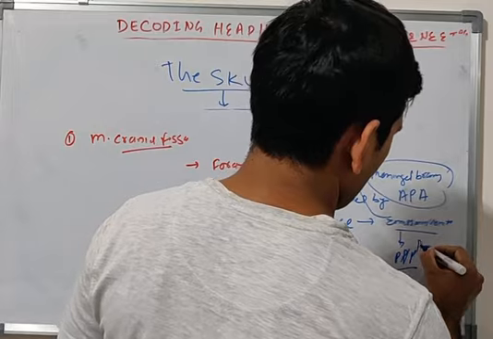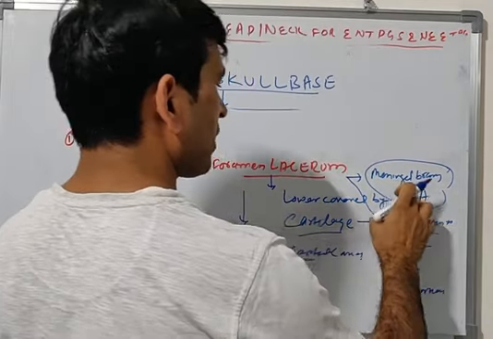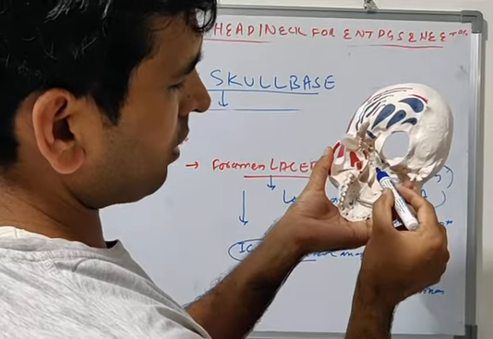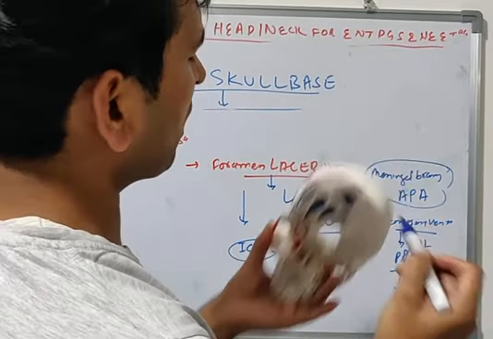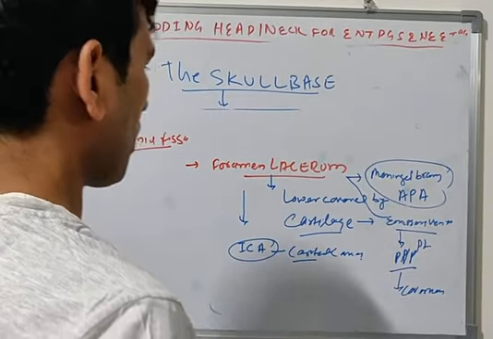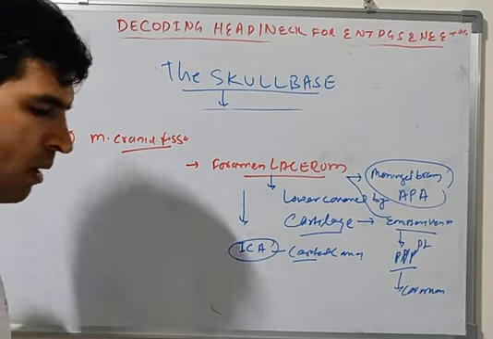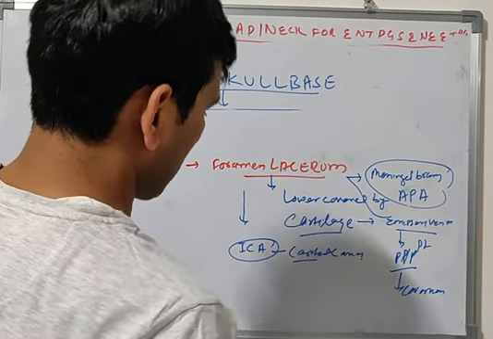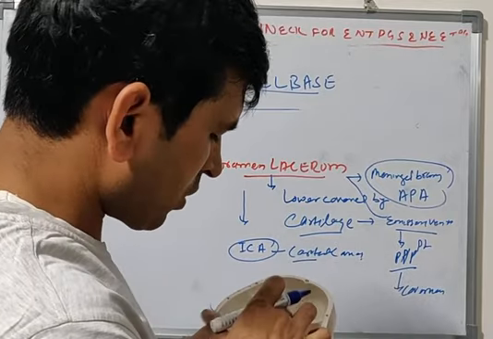If you see the pharynx, the ascending pharyngeal artery may come through this foramen lacerum along with emissary veins. But the carotid canal opens in the posterior, upper part of this foramen lacerum.